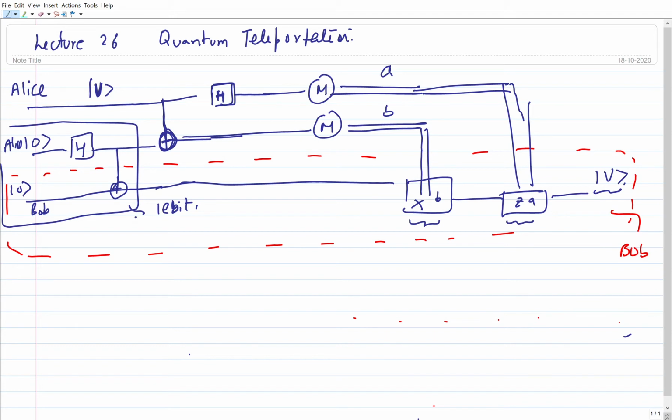So this is teleportation accomplished, and mind you, this is the circuit diagram for quantum teleportation.